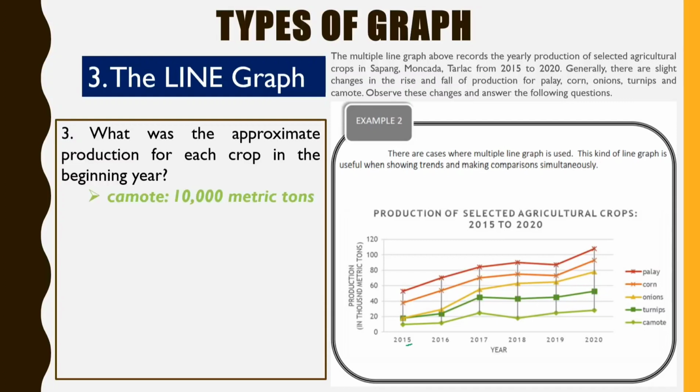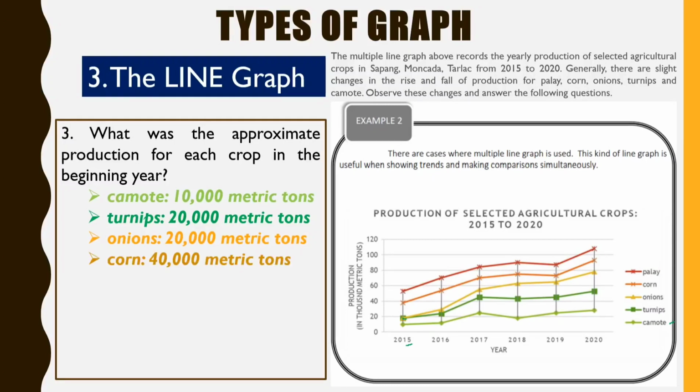So let's start one by one. Our products are the following. Kamote. Approximately it is between 0 and 20, so that is approximately 10,000 metric tons. Turnips is in this line, so it is exactly 20,000 metric tons. For onions, it is the same, it is in this line, so it is also 20,000 metric tons.